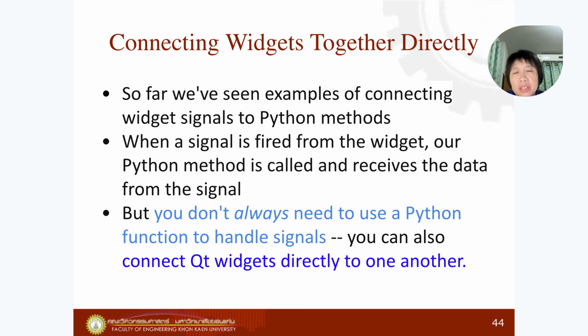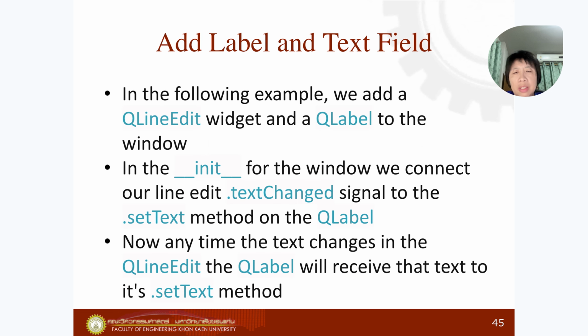And so far, we have seen examples of connecting widget signals to Python methods. And when a signal is fired from the widget, our Python method is called and receives the data. But you don't always need to use a Python function to handle signals. You can also connect Qt widgets directly to one another. Like here, for example, we can add a QLineEdit widget and a QLabel widget inside the window.